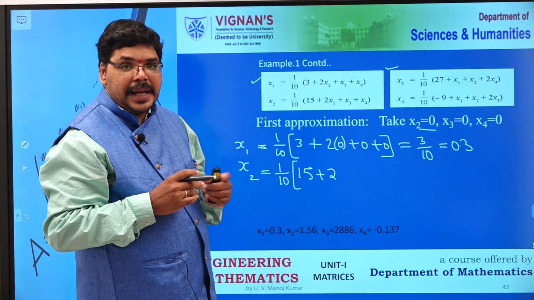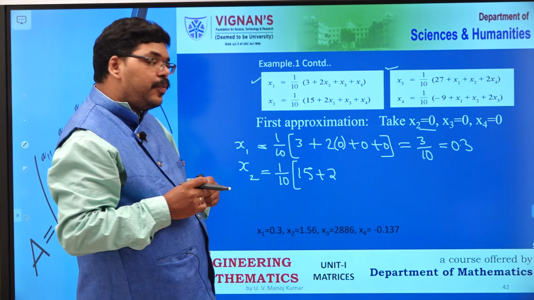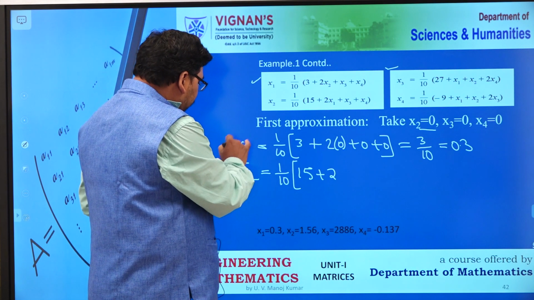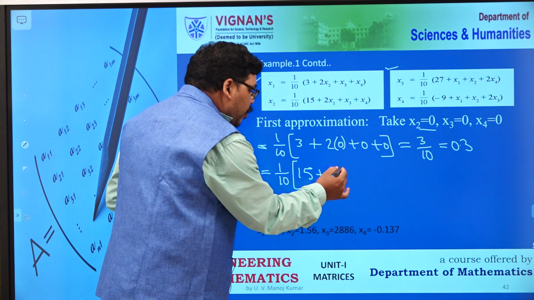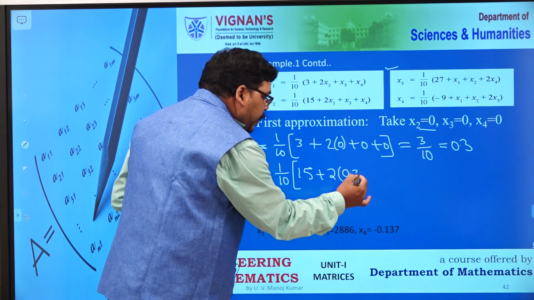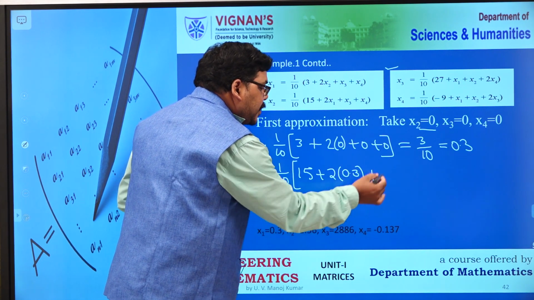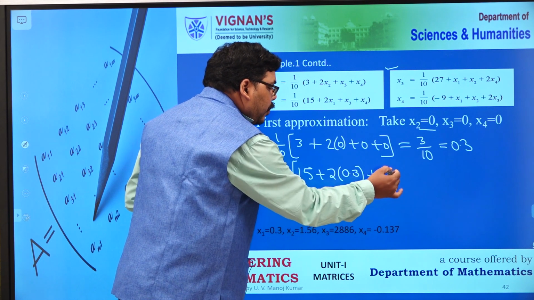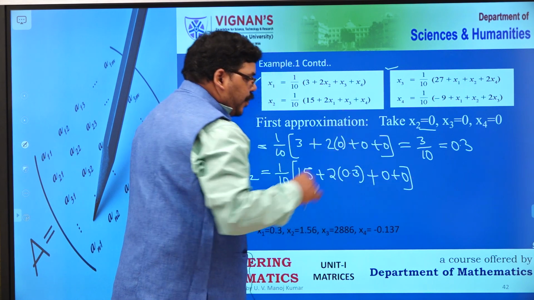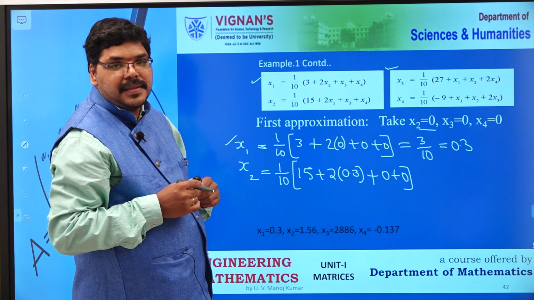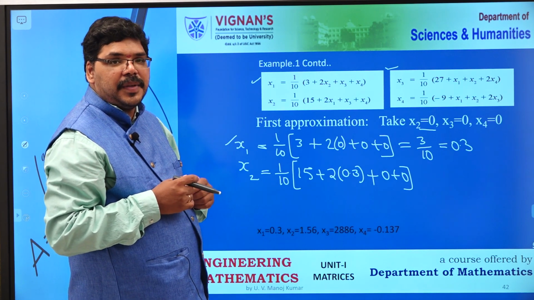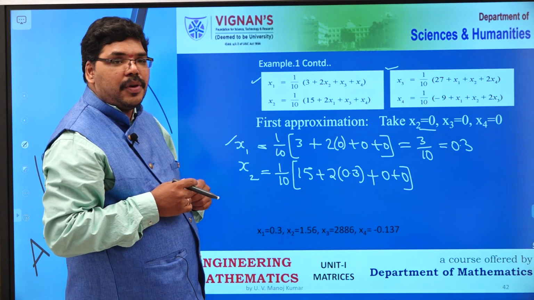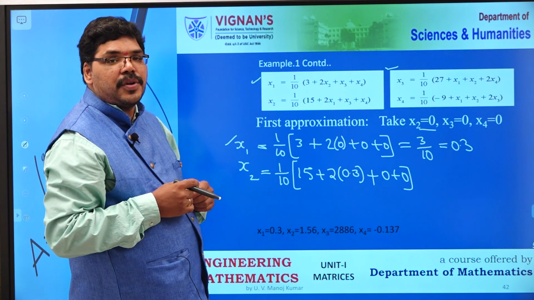The latest known value. What is the latest known value? The latest known value is here itself. What is it? 0.3. So 2 into 0.3 plus x3 0, x4 0. So simplify this, take your calculator, calculate this and tell me the value. What will be the value of x2 in the first approximation?